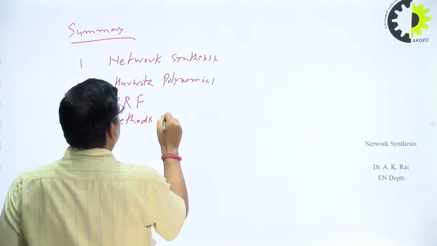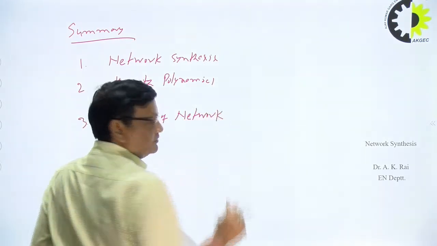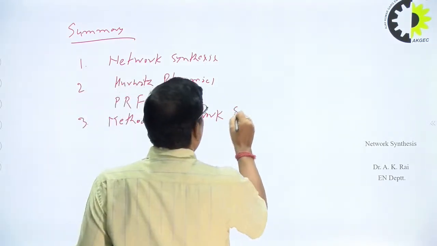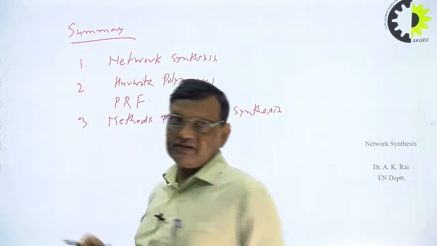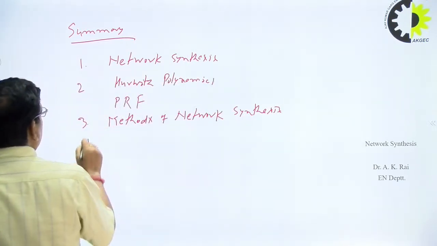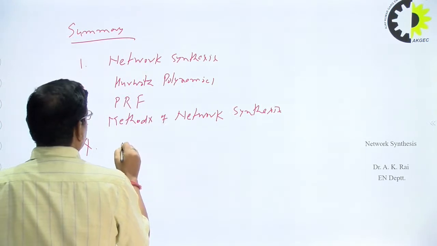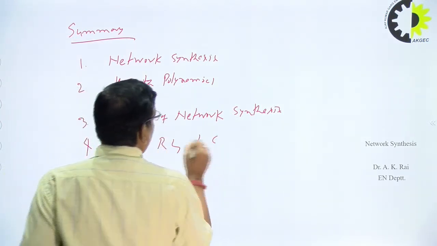There are 4 methods: removal of pole at origin, removal of pole at infinity, removal of conjugate imaginary poles, and removal of a constant. All these 4 methods we use. Then we carry out the synthesis of RC, RL, LC networks.